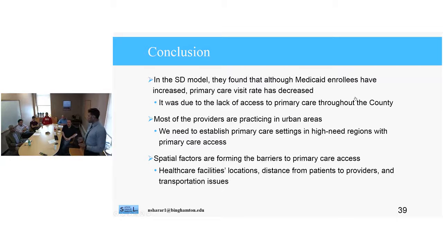Most of the providers, based on the data and the map, are practicing in urban areas, and we need to establish more primary care settings in high need regions, those regions that I showed you. Also, spatial factors such as healthcare facilities' location, distance from patients to providers, and transportation issues are forming barriers to primary care access.